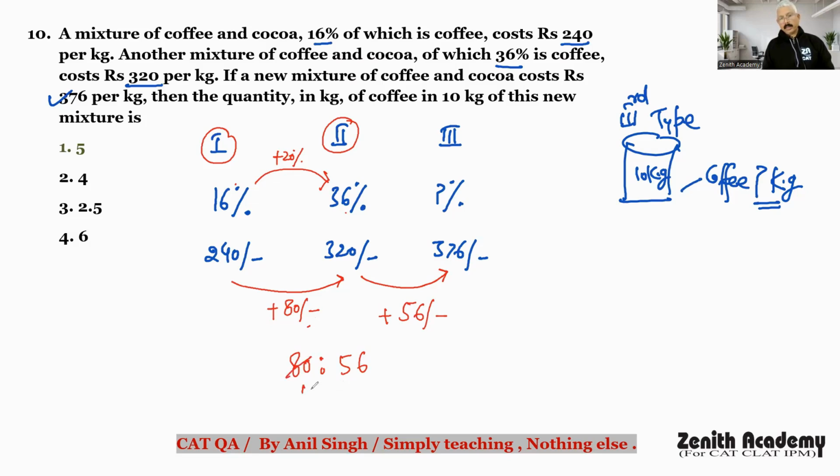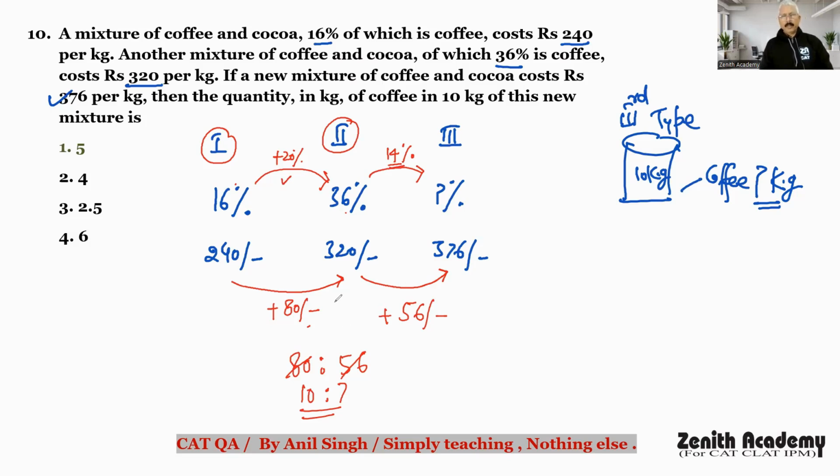So 8 is to 7, yeah, so it should also be 10 is to 7. If it is 20%, then it should be 14%. Is that right?